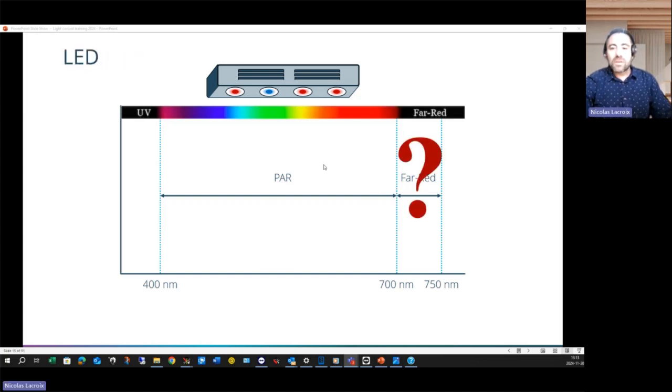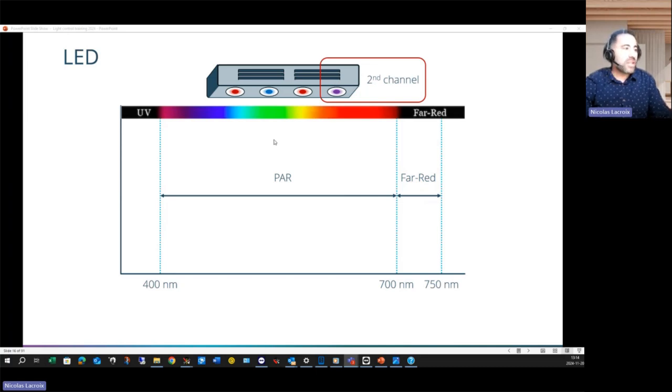So how do we control the far red if you cannot measure it with the PAR sensor? The solution is to have a second channel, a separate channel that will be controlled independently.